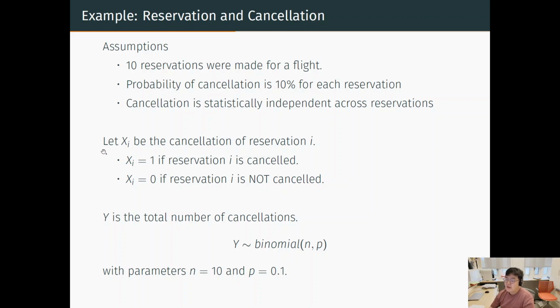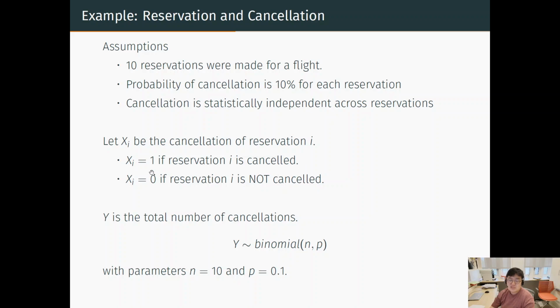Under these assumptions, I am going to denote X_i to be the cancellation status of reservation i. So there are 10 reservations, 10 tickets. Ticket number i can be canceled or not. I am going to denote cancellation as 1. So cancellation is success in this notation. As I said, success doesn't mean it's good. I just call it success because that's the unified framework.